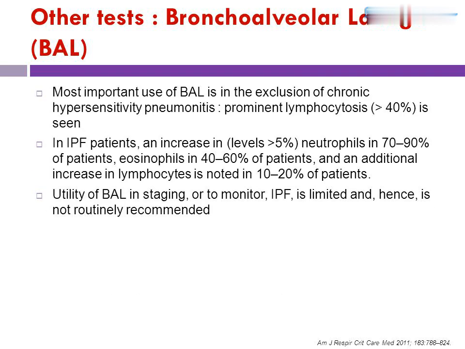Other tests, bronchoalveolar lavage, BAL. The most important use of BAL is in the exclusion of chronic hypersensitivity pneumonitis, where prominent lymphocytosis, greater than 40%, is seen. In IPF patients, an increase in cell levels greater than 5%: neutrophils in 70 to 90% of patients, eosinophils in 40 to 60% of patients, and an additional increase in lymphocytes is noted in 10 to 20% of patients.